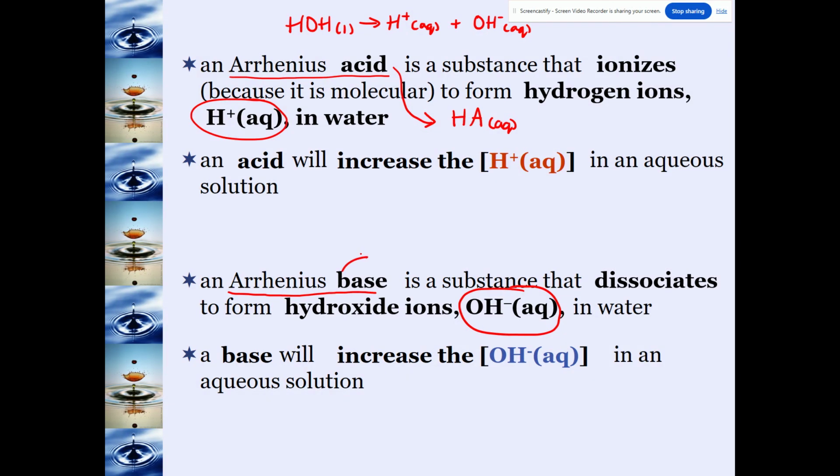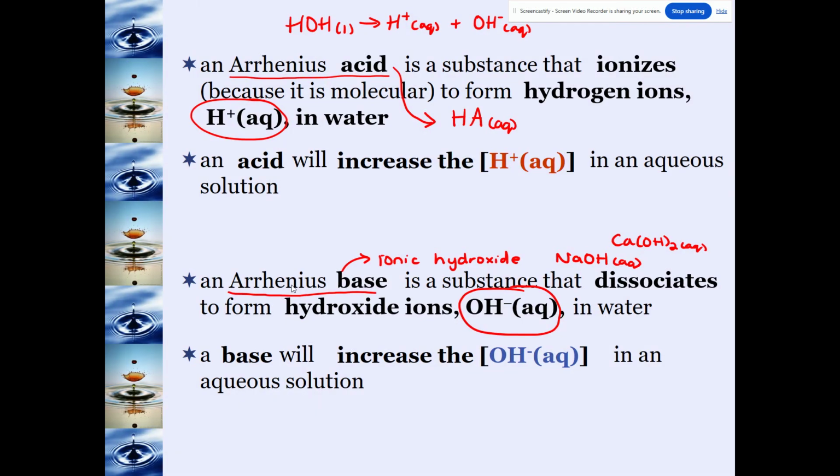Arrhenius bases are ionic hydroxides. So that means I have a metal bonded to the hydroxide ion. So sodium hydroxide, for example, or calcium hydroxide. Any ionic hydroxide is considered an original Arrhenius base. We're going to talk about modified now.